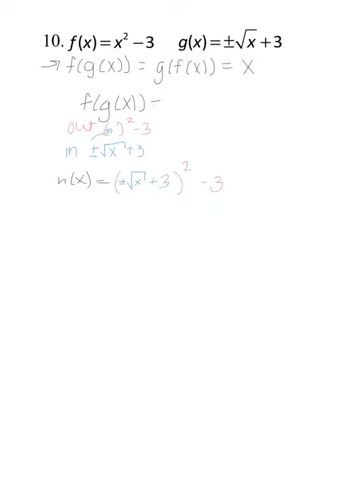Now guys, if I multiplied out this binomial right here, I would get a trinomial with a square root of x middle term. That does not square nicely. So when we ask, is h of x equal to x, is f of g of x equal to x?